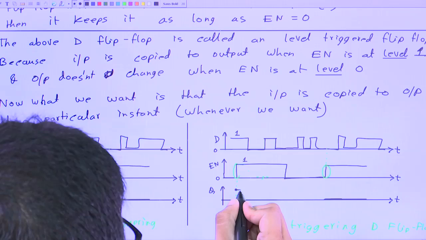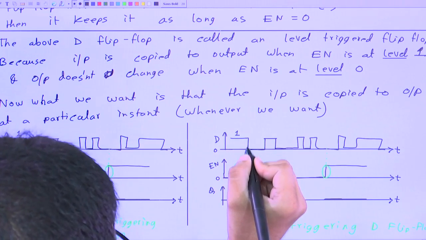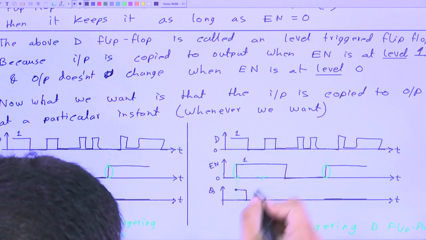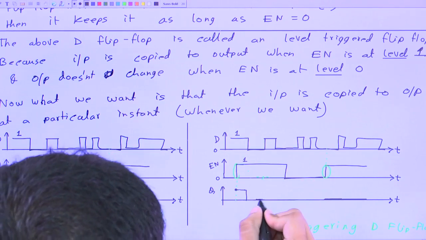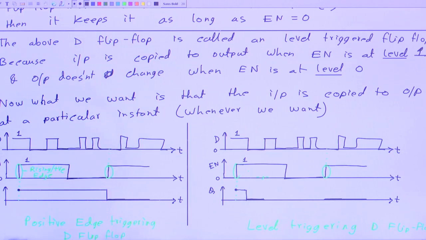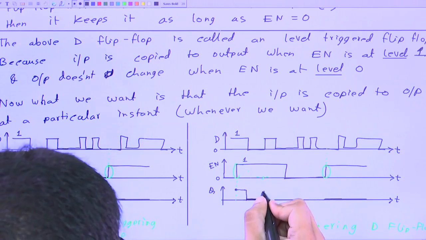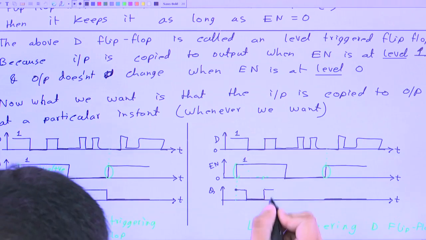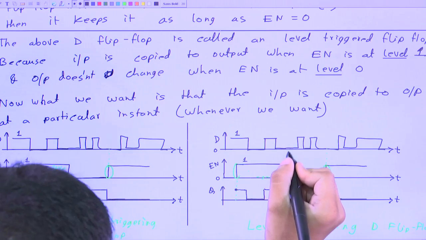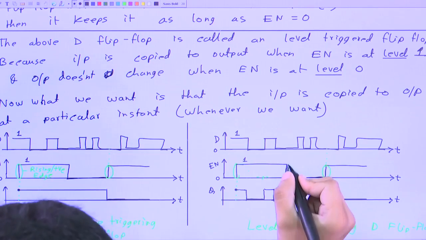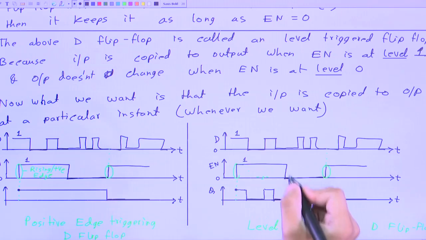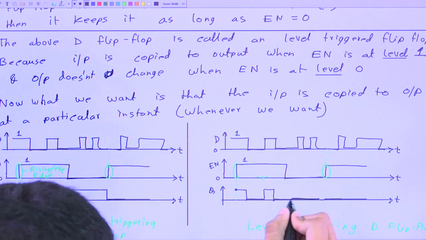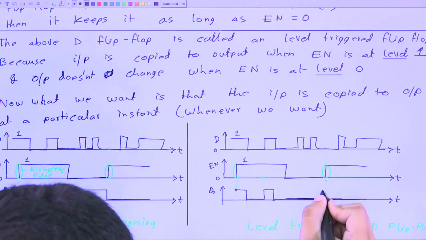So, here the output will be 1 because input is 1, then here the output will be 0 because input is 0, and then up to this point it will remain 0, then it will become 1 again, and then it stays 1 like this, then here it becomes 0 again, up to this it is 0, and then the enable is off. So, from here to here no change will occur. This will remain like this up to this.